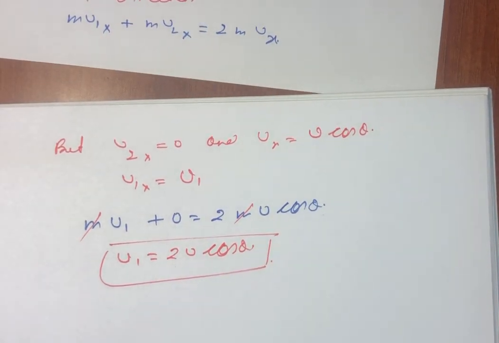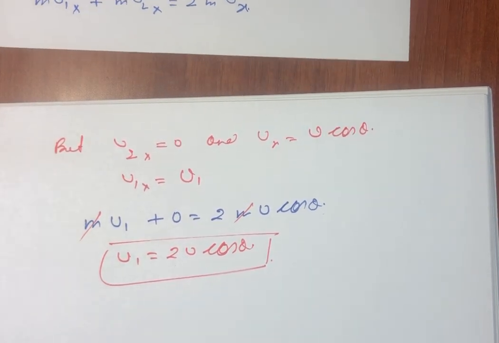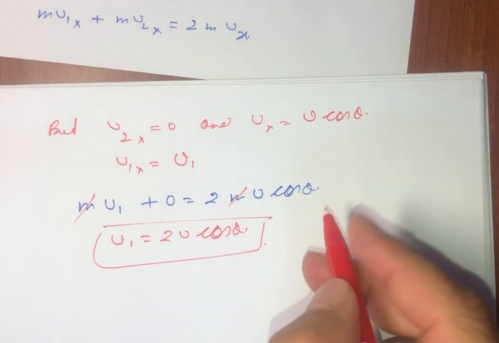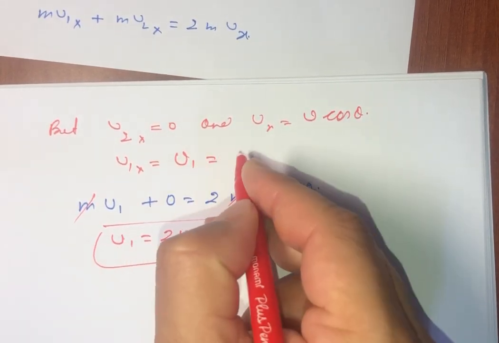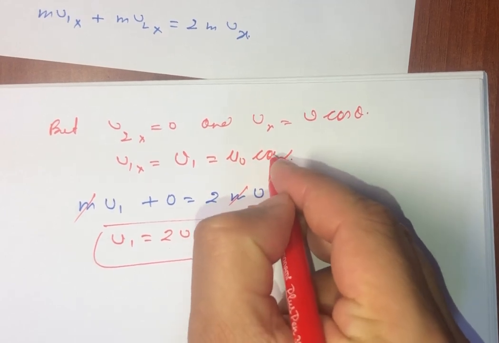And v1, we already found out that value of our v1 is our u cos of alpha. So here we can say that v1 is equal to u naught cos of alpha.